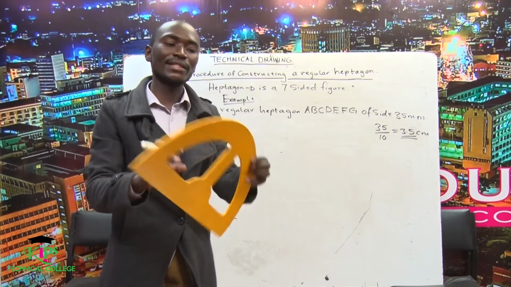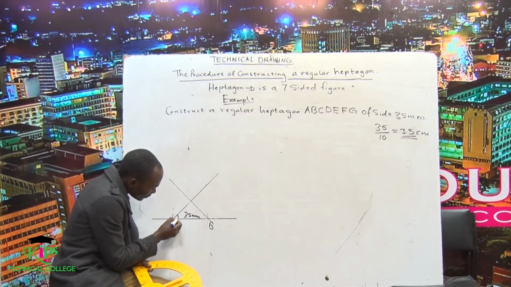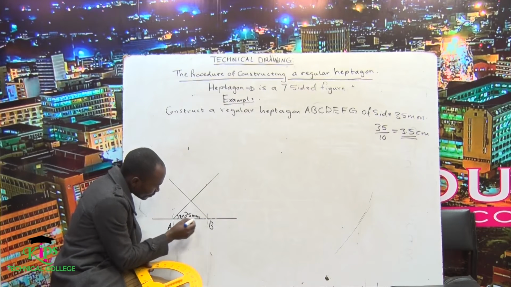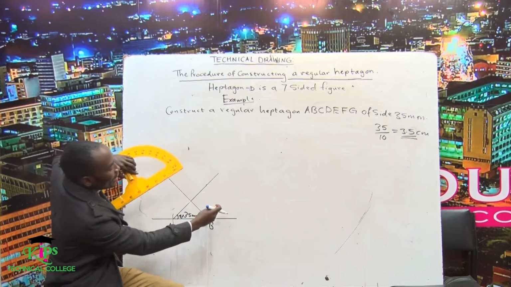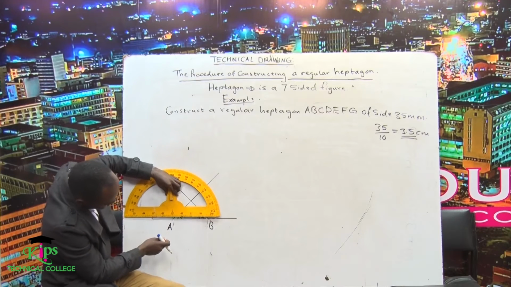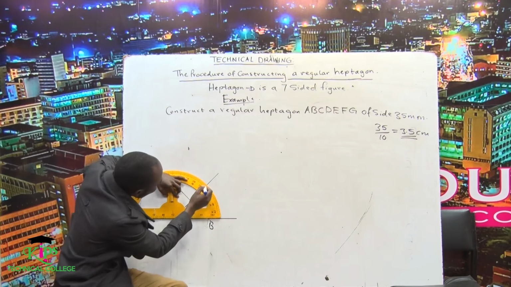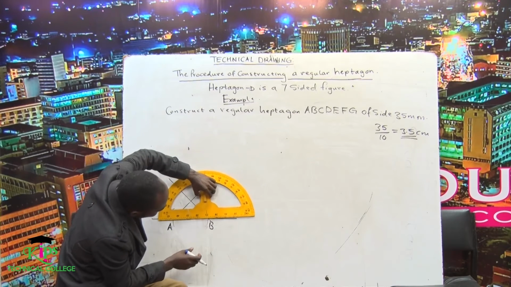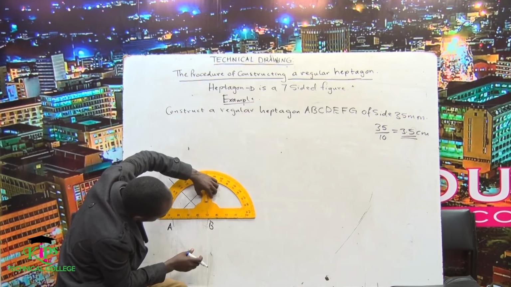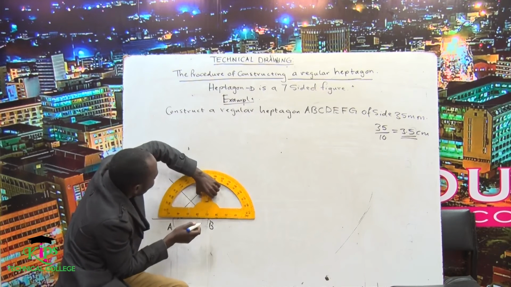Now, again, what do you need to do? You take the same protractor, standing at this point, this is 45. So now you will measure 60 degrees. Stand here again and mark 60.